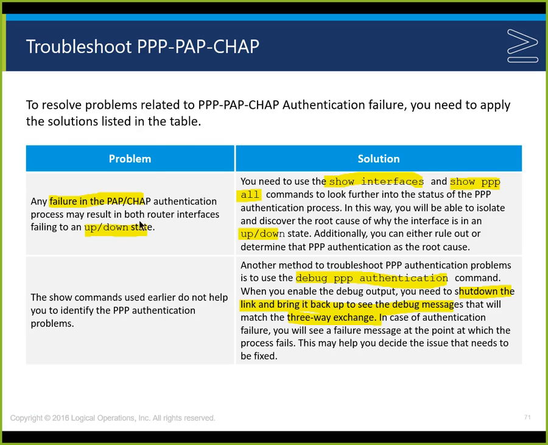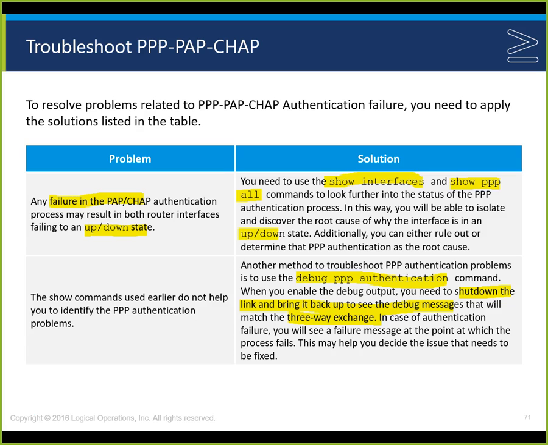But anyhow, point-to-point protocol, password authentication protocol, CHAP, challenge handshake authentication protocol. Any failure in the authentication process will result in the router interfaces being in an up-down state. The up says that layer 1 is good.